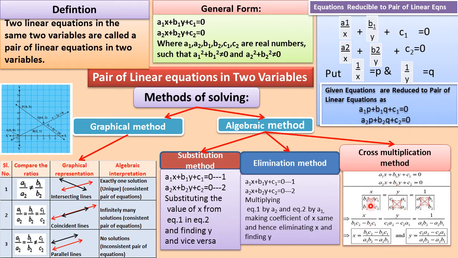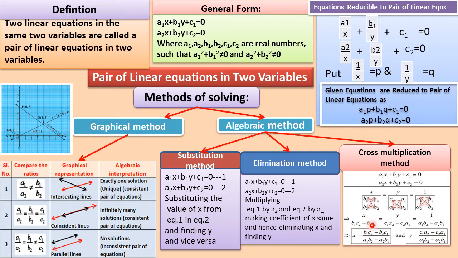Then by taking the determinant of these matrices, x divided by b1 c2 minus b2 c1 is equal to y divided by c1 a2 minus a1 c2, which is equal to 1 divided by a1 b2 minus b1 a2, or a2 b1.